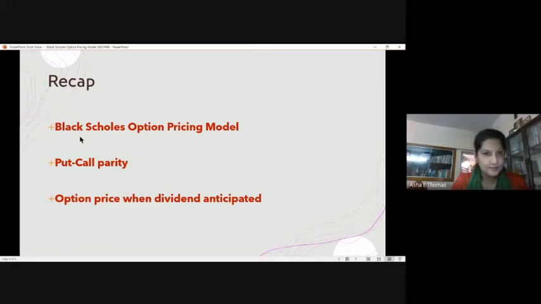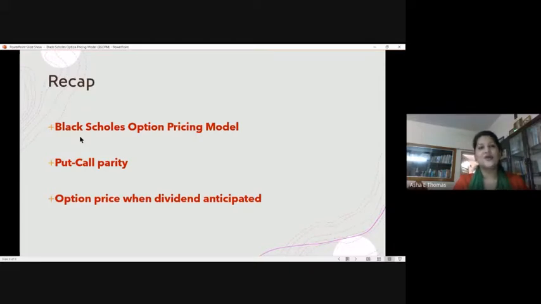Now we learned a simple formula for computation of option premium, both for put and call with respect to European option, which can be applied when the condition is put call parity. The condition of put call parity is where you have both put and call option with the same strike price, the same maturity date or date of expiration, and the same underlying asset, in this case stock.